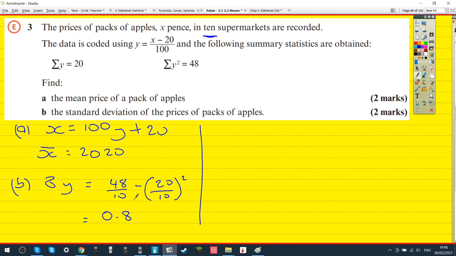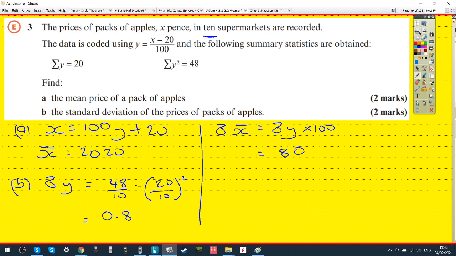We can use the equation but rearrange it: delta x equals y times 100. So it'd be 0.8 times 100, which is 80.